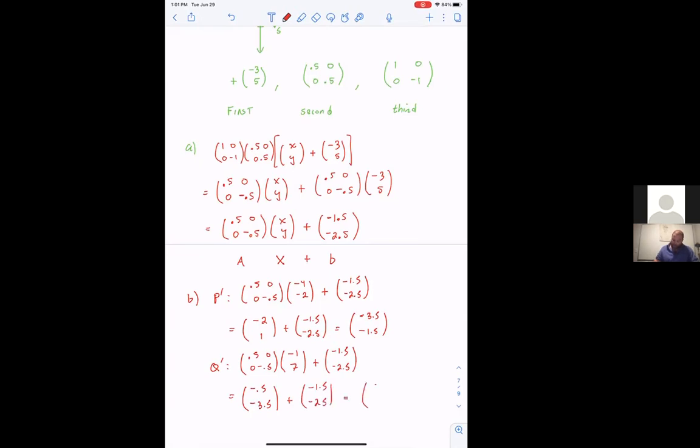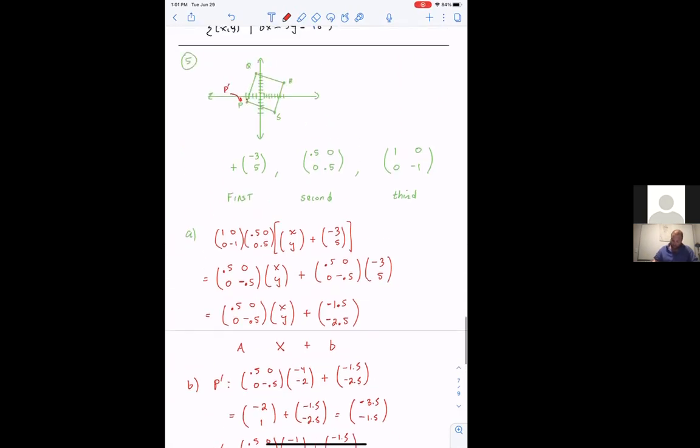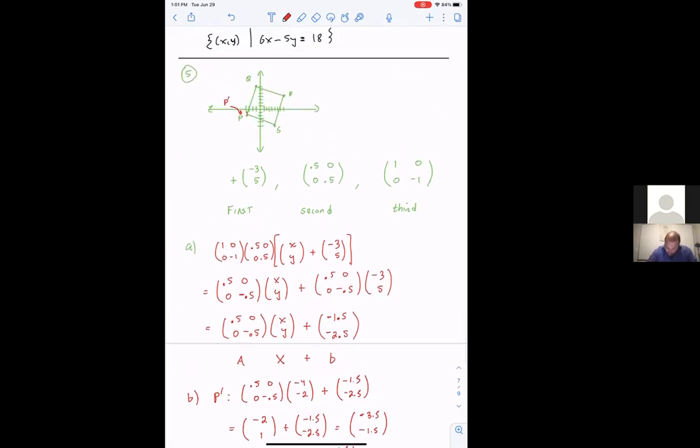Negative 0.5 is (-2, -6). So Q' goes to (-2, -6). So that's Q'. All right, so there's the first side of our new shape, whatever it is.